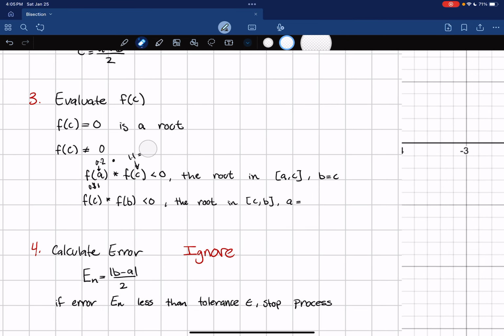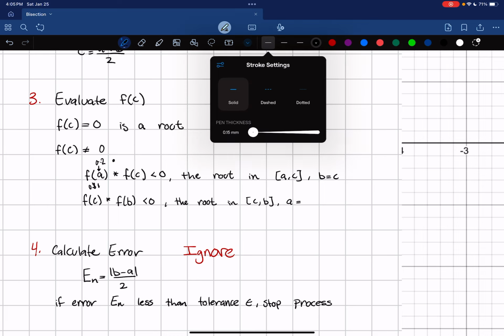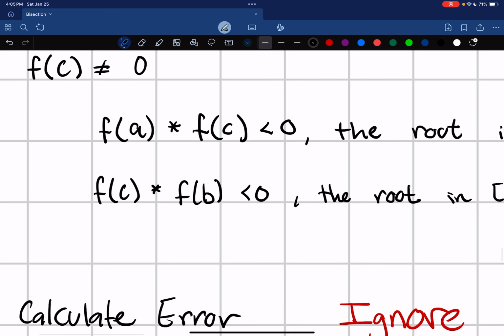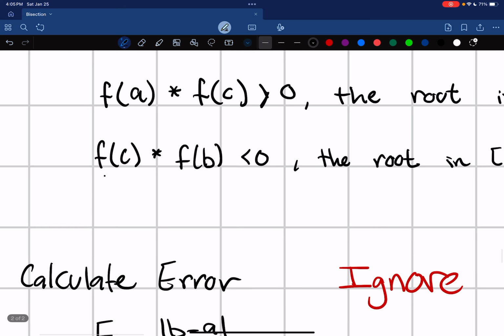If, however, it's the other way. So let me, I like to keep stuff clean. So there you go. The next thing is, if this is not less than 0, let's say this is more than 0. Then what I'll do is take FC times B. I'm going to check, is this less than 0?